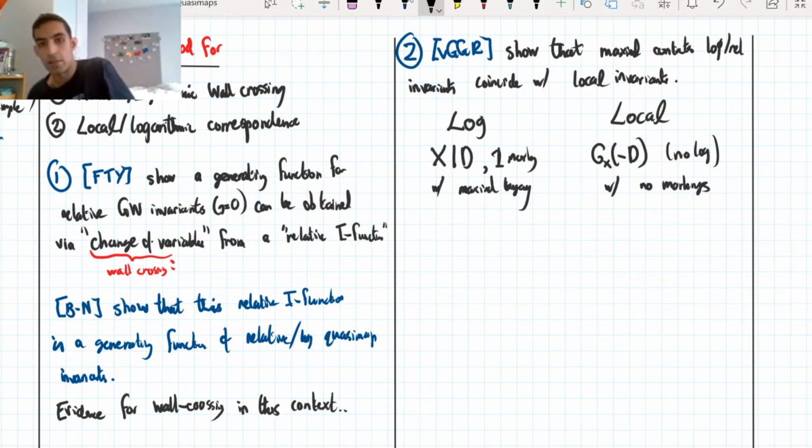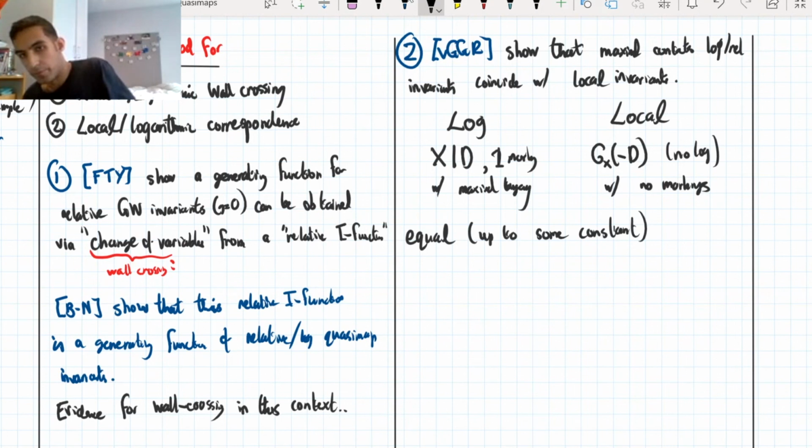And these things are actually equal: the virtual classes are equal up to some constant. So this is really cool.